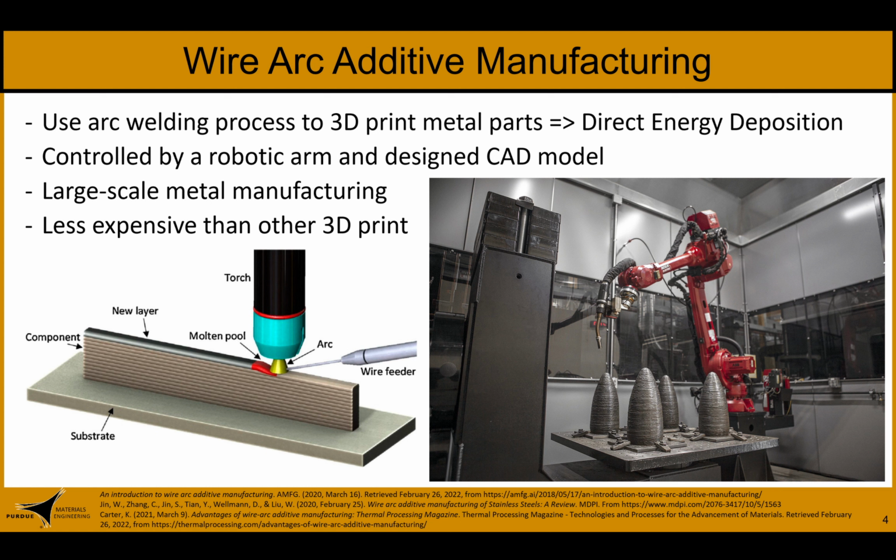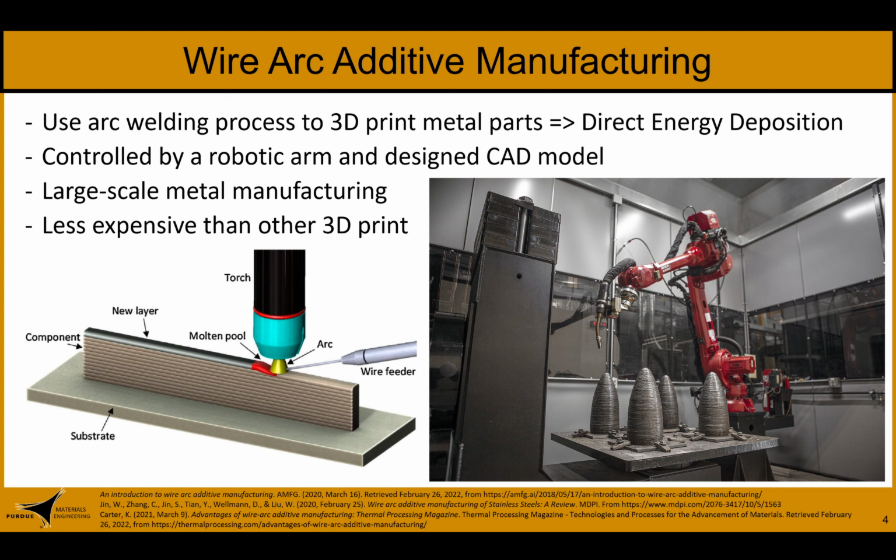Also, another con of this technique is that some materials require shielding. When using certain materials like titanium, shielding is necessary to create an inert atmosphere to ensure the right building conditions.